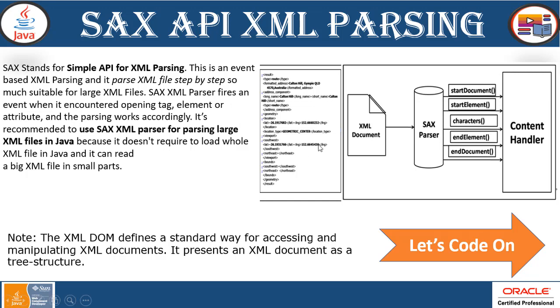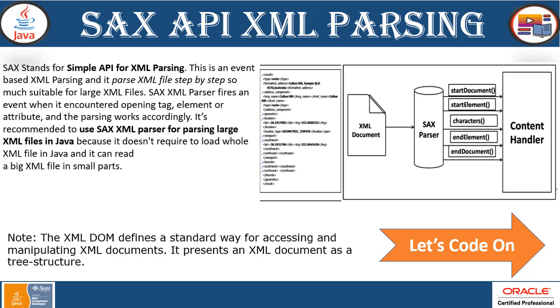To understand it better, here is an XML document and it is going to be parsed using the SAX API. In this SAX API, we take the steps. First, it will start loading the document. Then inside the document, it will start loading the element and then characters, and then it will see the end element and the end document.